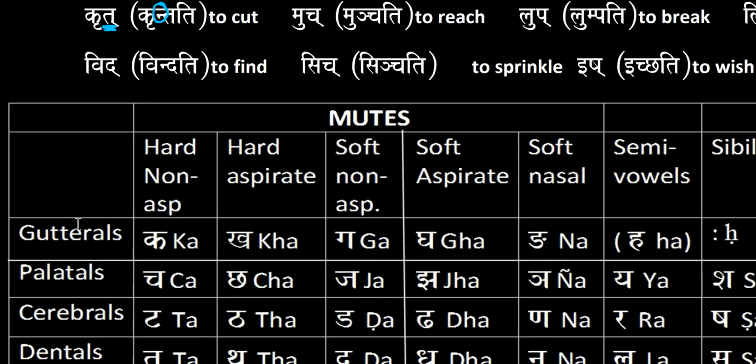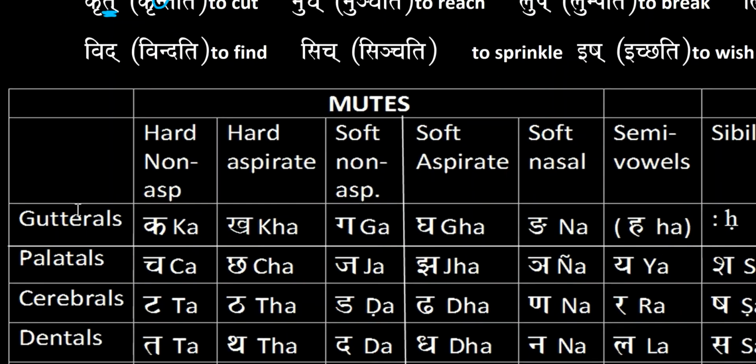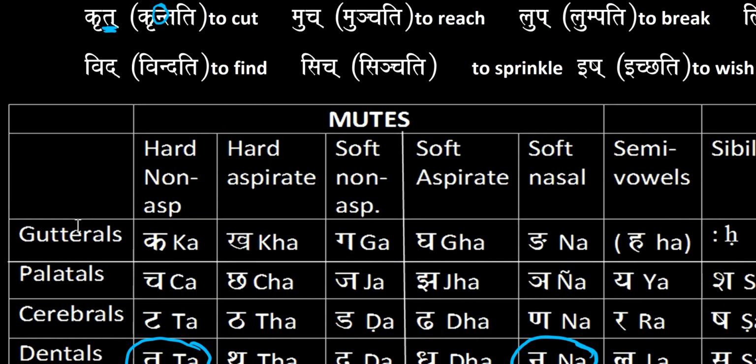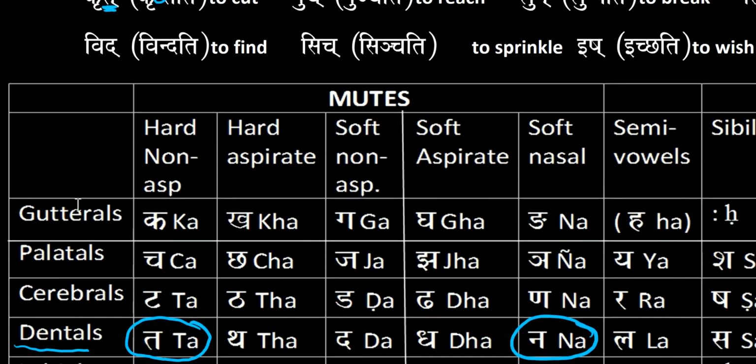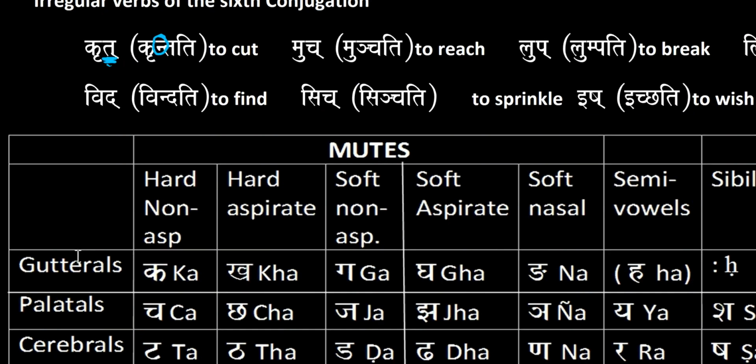If you go back to your table, for the dental category, you have ta, that's in krit, tha, da, dha, na. The soft nasal consonant that is added to krit is from the same category as the ta. It's also in the dental category. And you're going to see a pattern. So let's take a look.